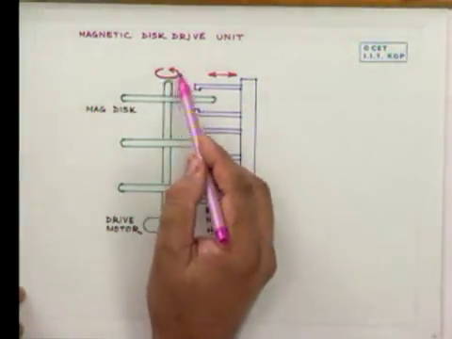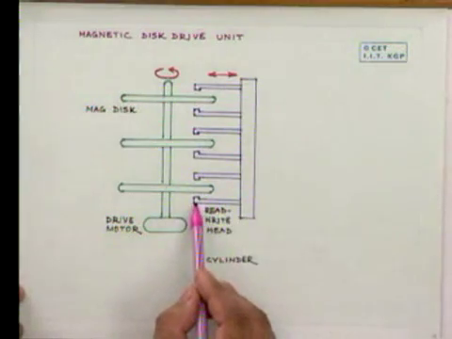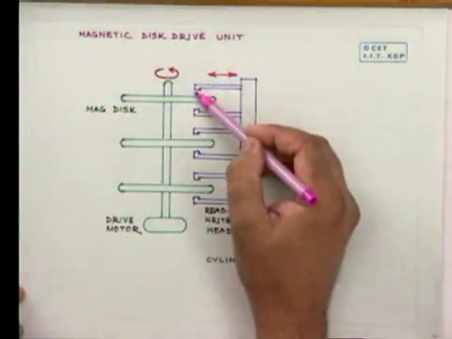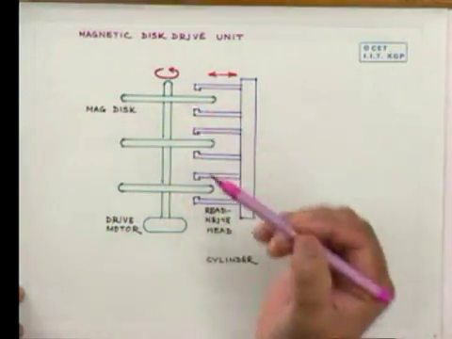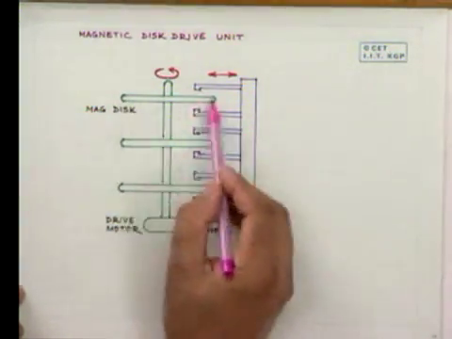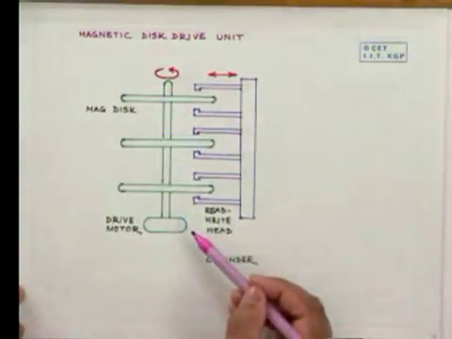The spindle is rotating at a very high speed, and there are read-write heads for both the upper surface as well as the lower surface of a disk plate. This is a platter. There can be 10 such platters, as I said.